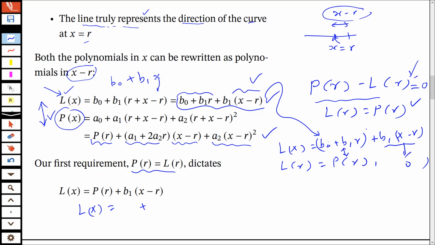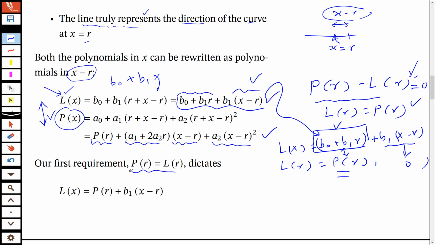So the constant part of L of x, not including x minus r, must equal P of r. That's exactly what I have done there. That doesn't change. b1 times x minus r doesn't change. But the constant part, which is b0 plus b1r, must be equal to P of r.